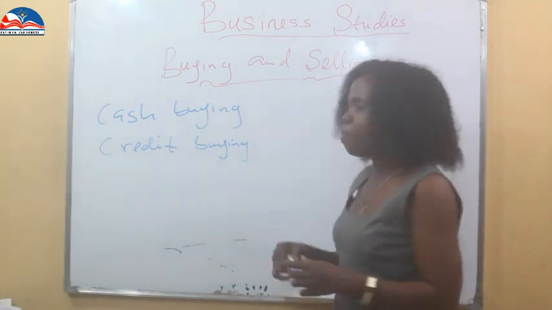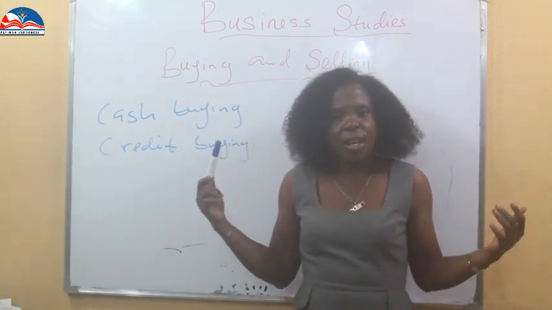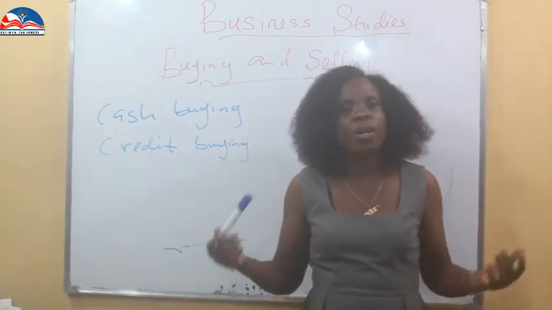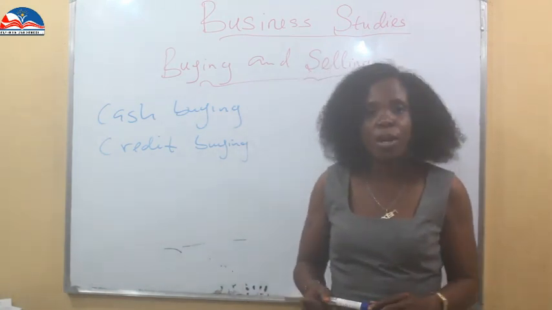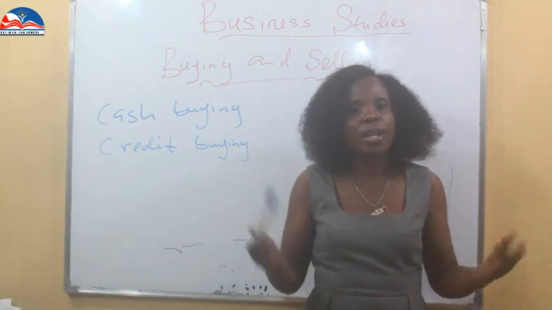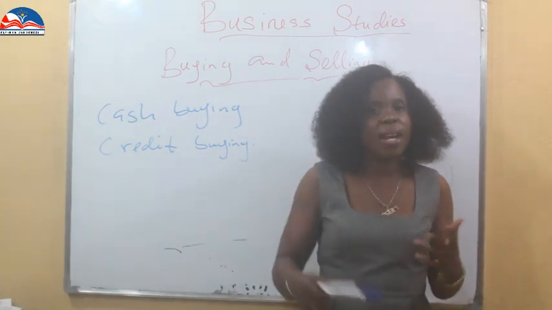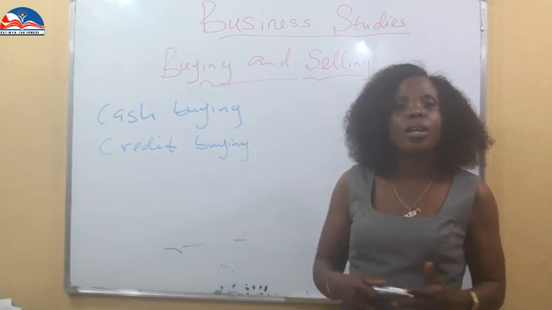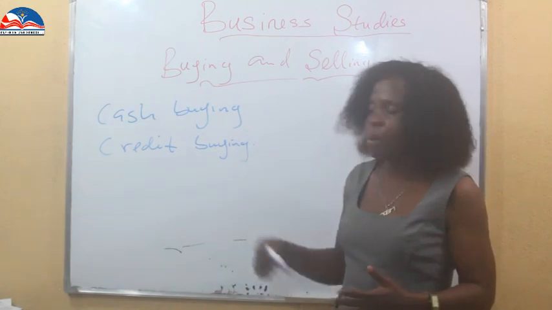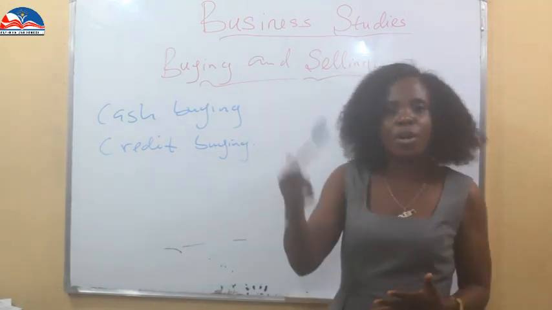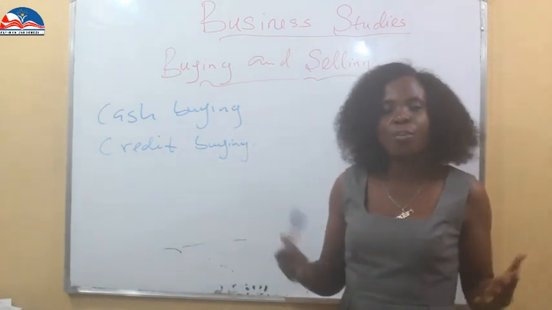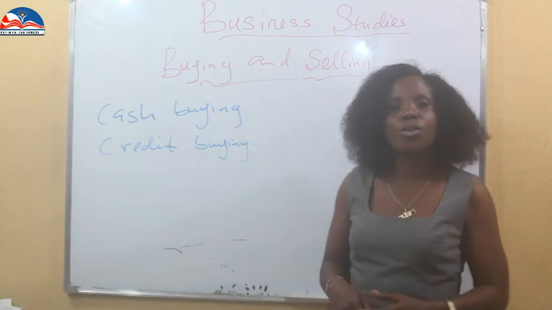And under this credit buying, it can be that a credit card company will undertake such payment for you. For example, the banks give credit cards, or a financial body gives out credit cards where they undertake payments on behalf of their customers. So in this instance, under credit buying, the individual agreed to pay on a later date, or a credit awarding company pays on behalf of the customer.